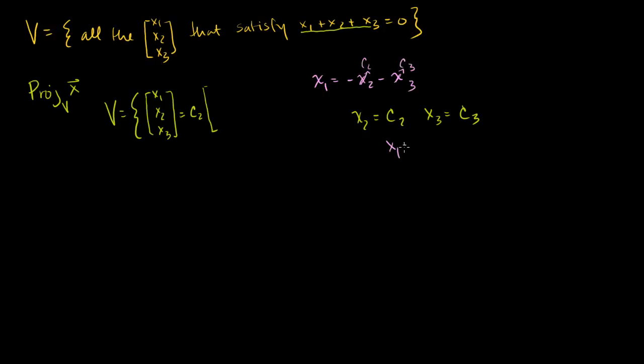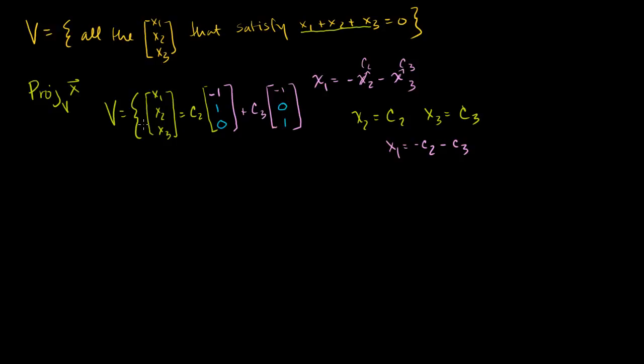So x1 is equal to minus C2 minus C3. So x1 is equal to minus 1 times C2 plus minus 1 times C3. And then what is x2 equal to? x2 is just equal to C2, so it's 1 times C2 plus 0 times C3. x3 is just equal to C3, so it's 0 times C2 plus 1 times C3.